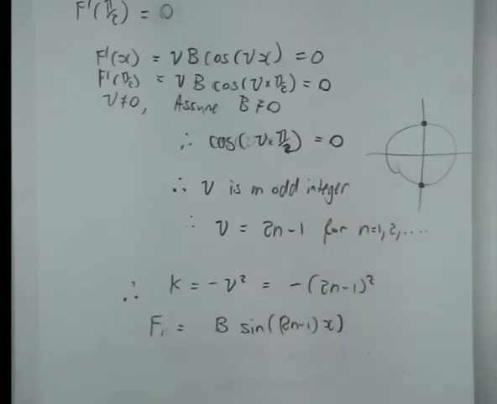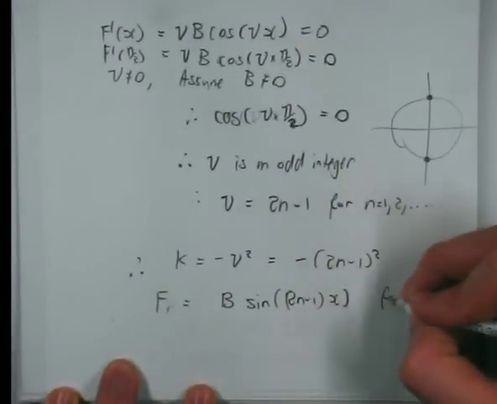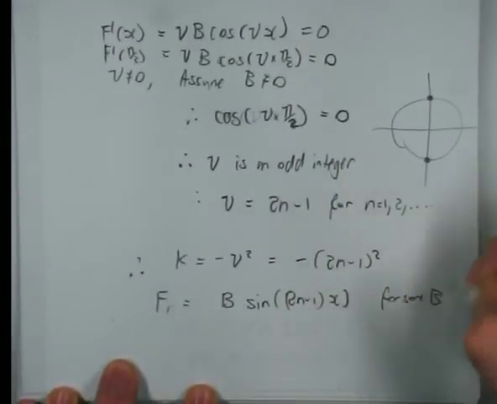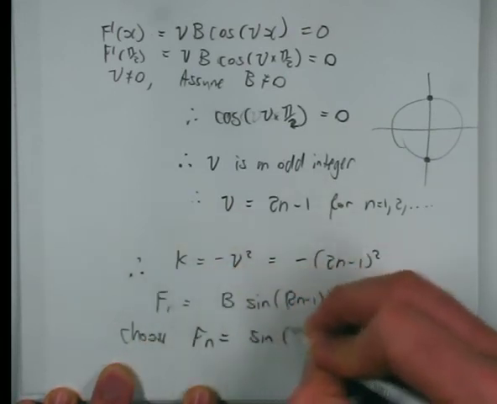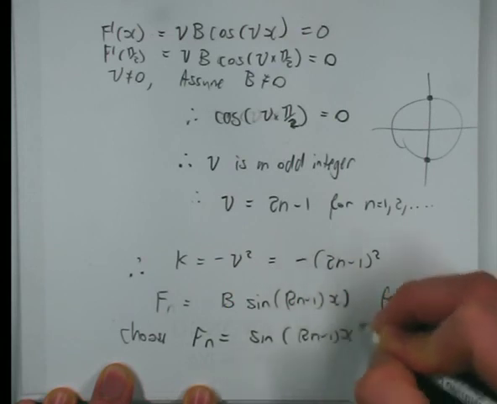Remember, we're going to get some arbitrary coefficients from the g's, so we don't have to put this b in. We get to choose any multiple of this and it's okay. So we choose the multiple 1, so choose fn to be sine of (2n minus 1)x.